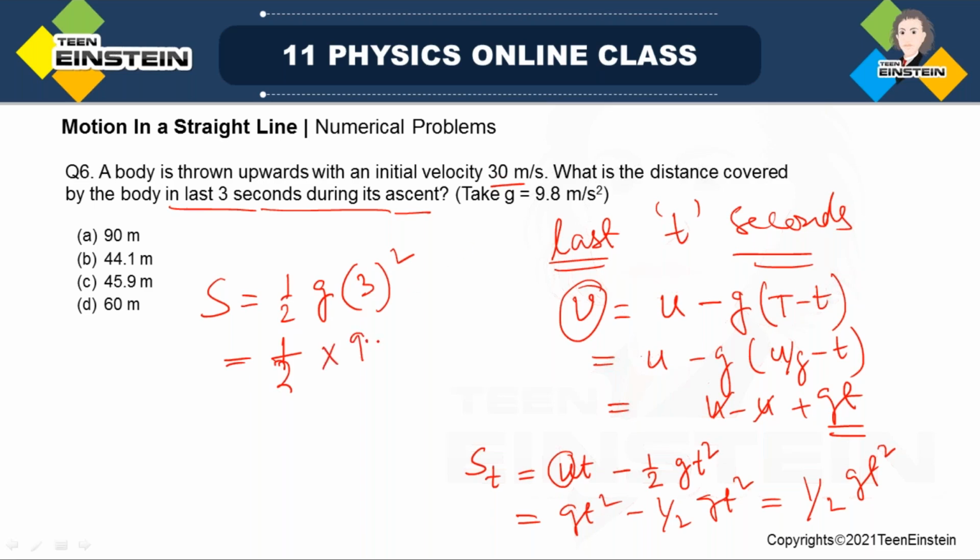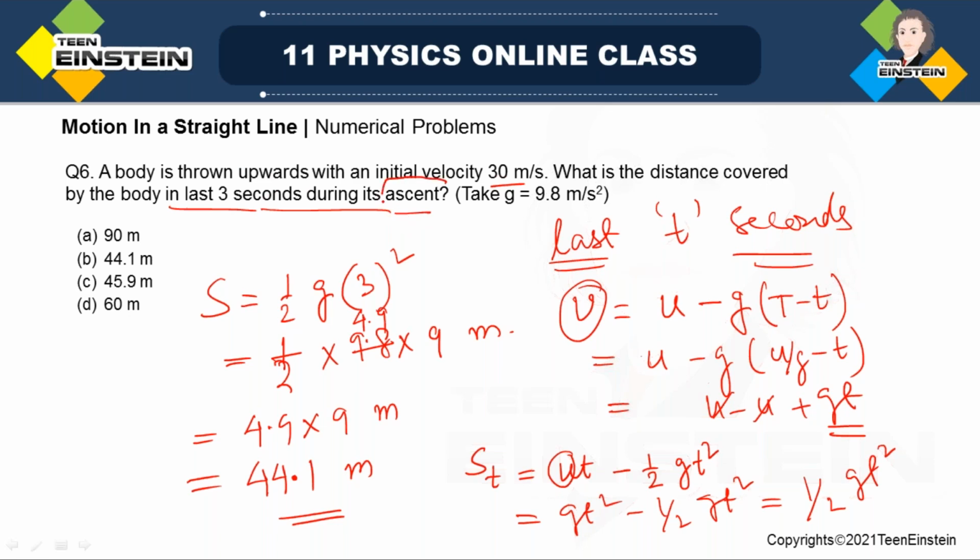Half into g, you take 9.8, into 9, so 4.9 into 9, which is 44.1 meters. This will be the displacement in the last 3 seconds during ascent.